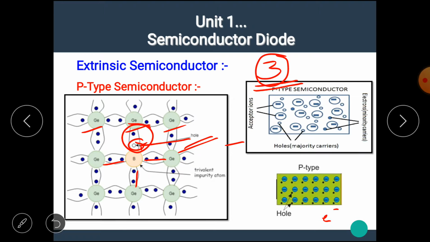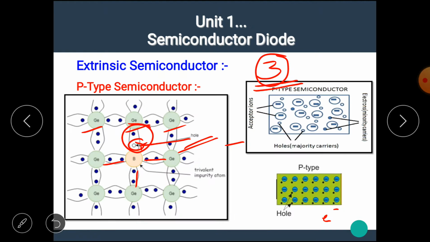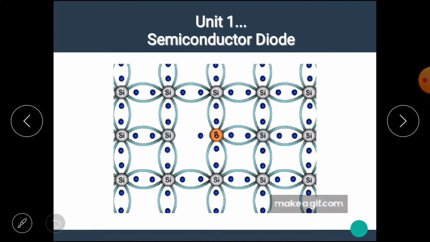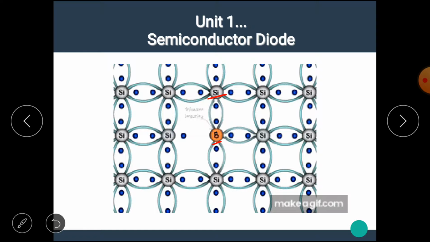I hope you all understand now the concept of the n-type semiconductor material and the concept of the p-type semiconductor material. Let's see this briefly. Here the silicon crystal is shown and the boron atom is shown. What happens when this boron impurity is added into the silicon crystal?